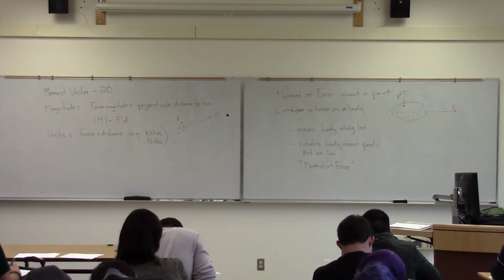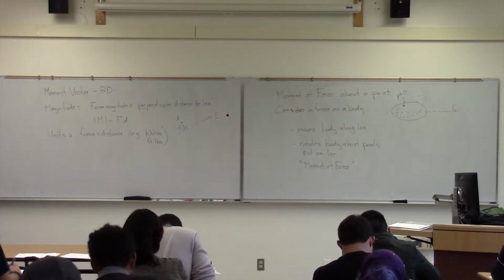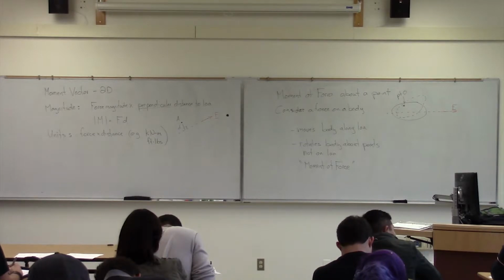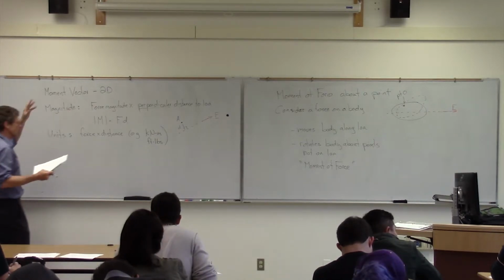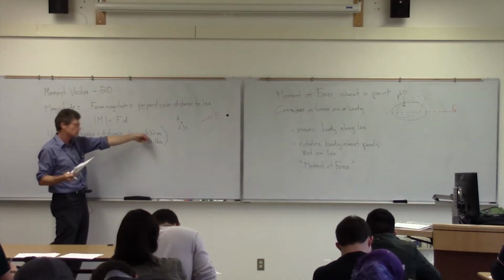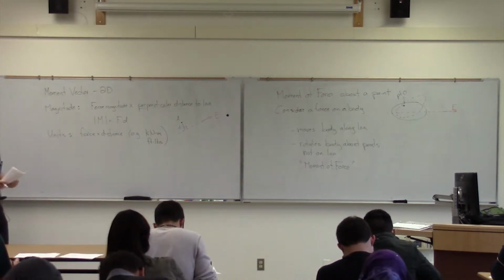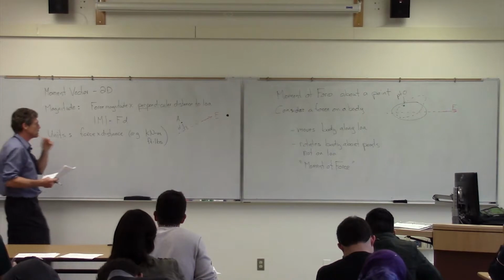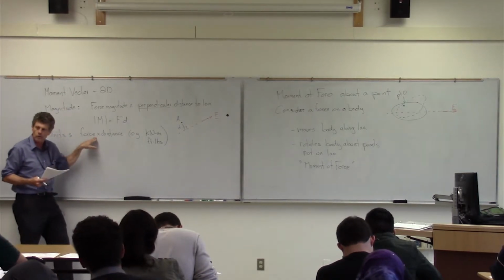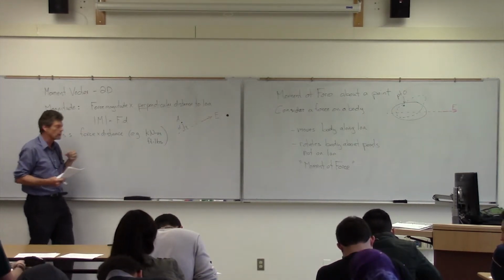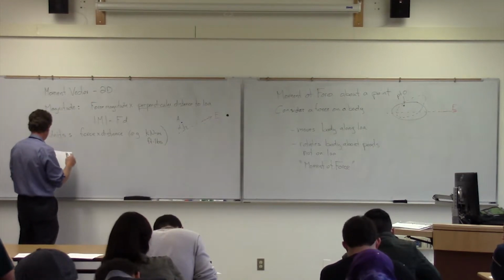So again, remember when I was telling you to carry those units around in your calculations, because if you're calculating a moment and something comes out in kilonewtons times kilograms or something like that, then you know you're not in the right spot. You want to see it in terms of a force and a distance. That's how we express our moments.